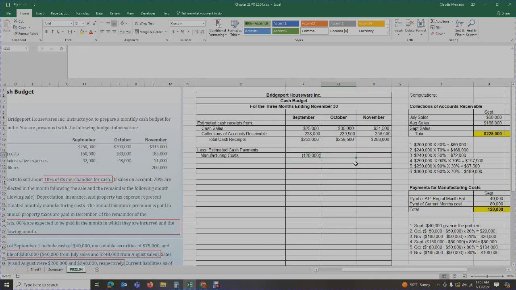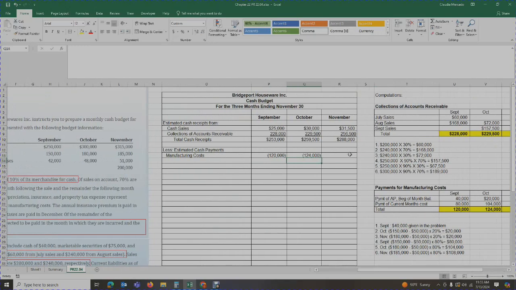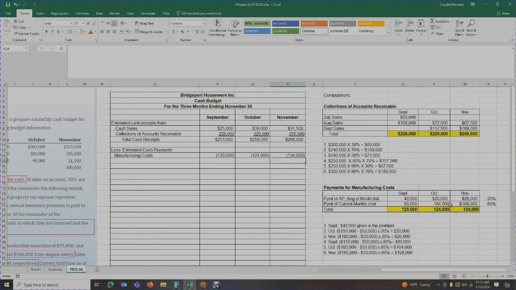So we've got 120,000 for September, then 124,000 for October. And then we have 134,000 for November. So I'm bringing these over from here.